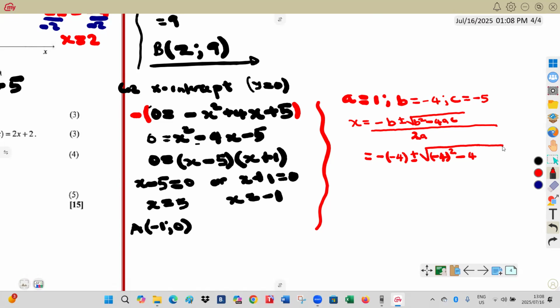What's a? It's 1. What's c? It's a negative 5. All over 2. What's our a? It's 1. Then trust the calculator. So from there, you just have to use your calculator to simplify that.